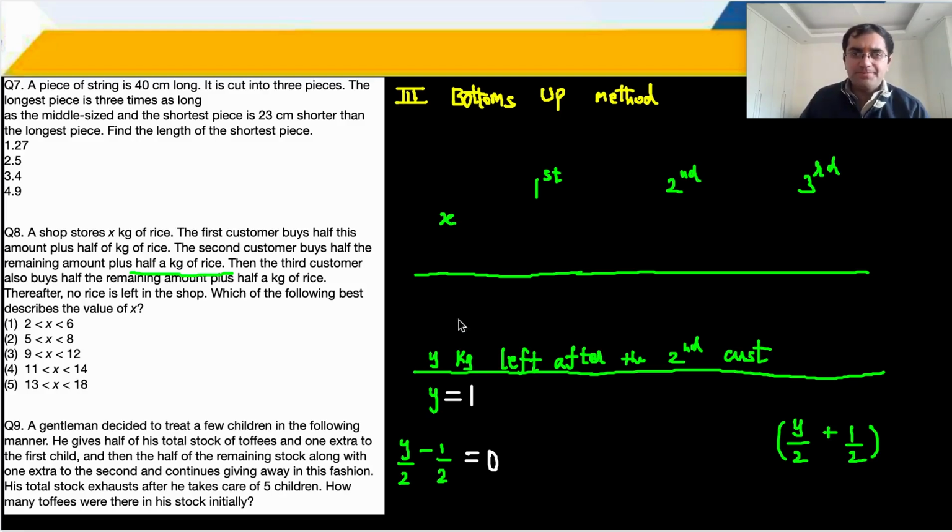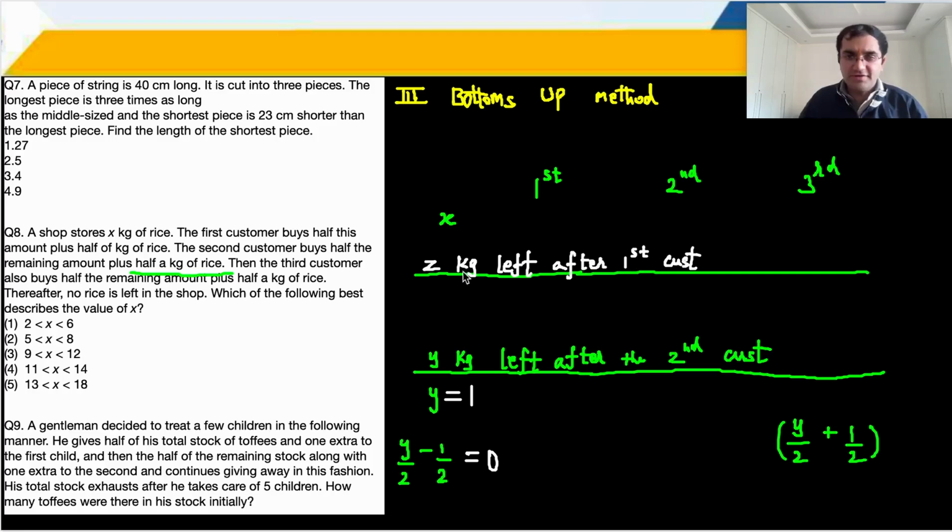Okay. Now, let's say that now we are continuing this process. So I want you to notice, what did we do? Basically, we added half and then we multiplied by 2. Now let's say z kg left after the first customer.